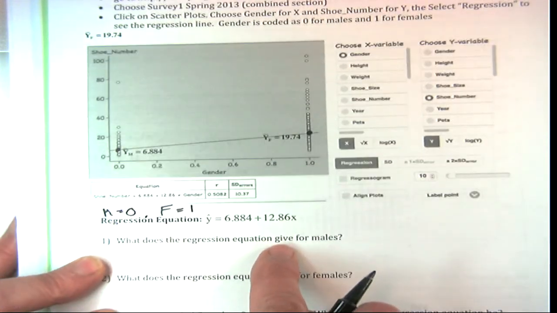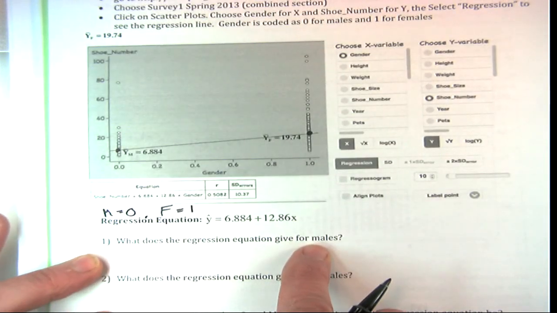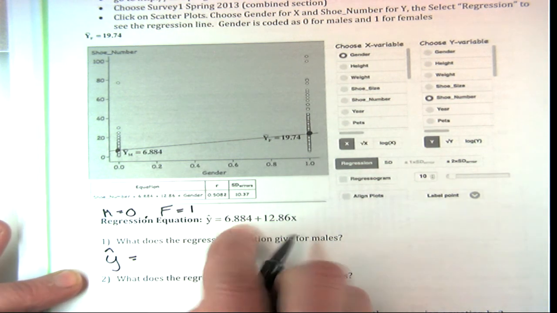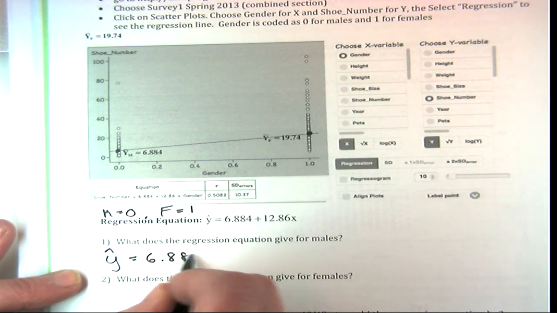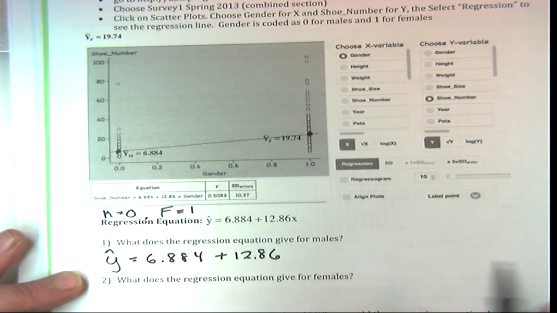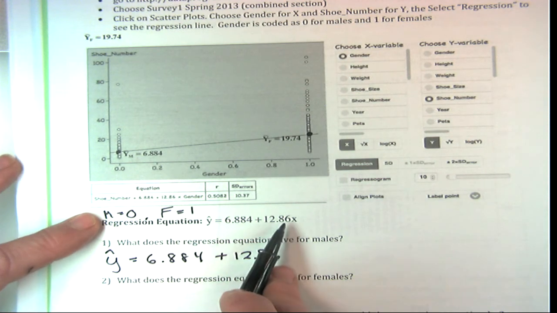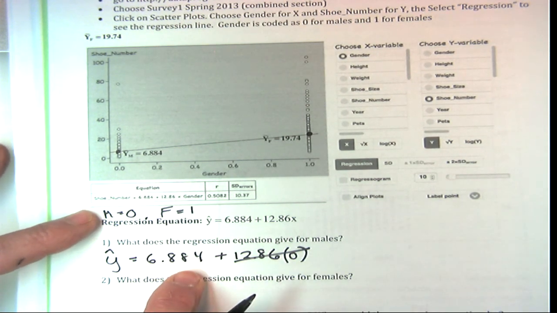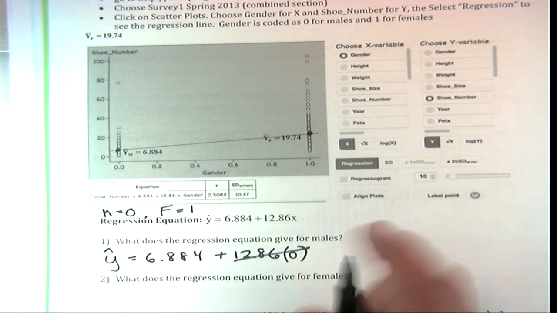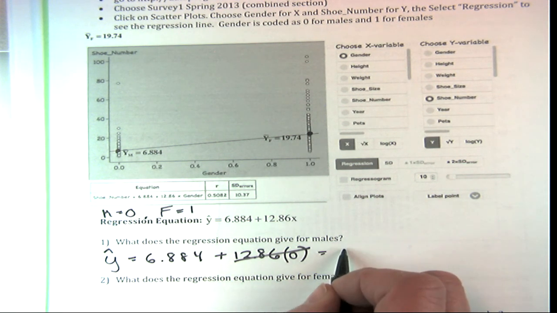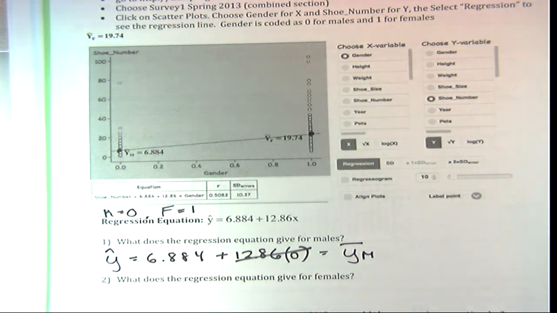So what does the regression equation give for males? Our best prediction for males is 6.884 plus 12.86, and males are coded as 0 for x here, times 0. So that's just our best prediction, just the average. So that's just equal to the average for men.